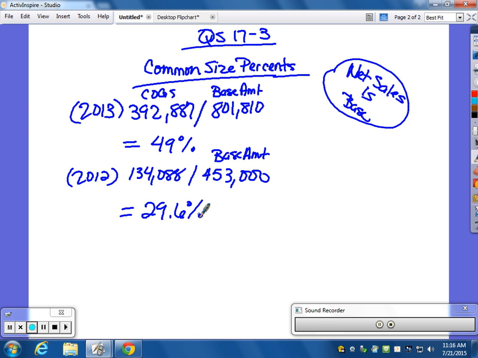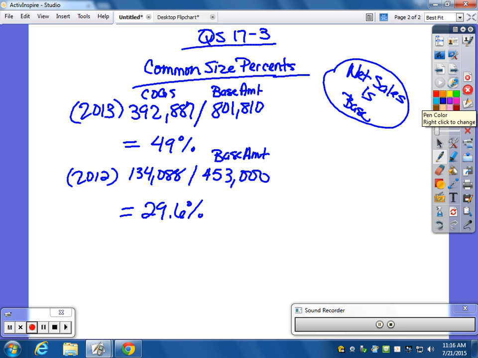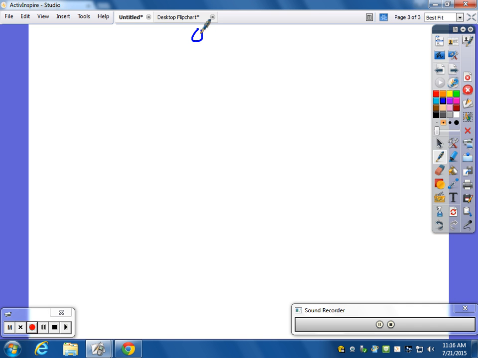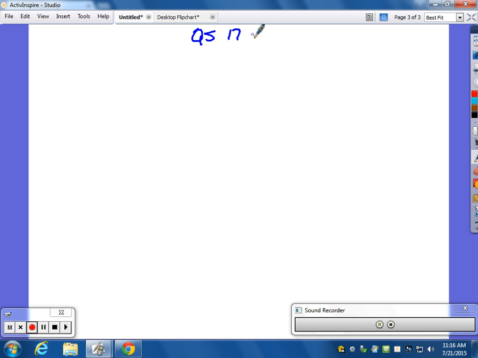So looking at this grid, you've got short-term investments. And for 2013, what was the amount for short-term investments?